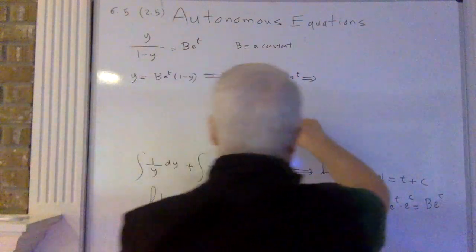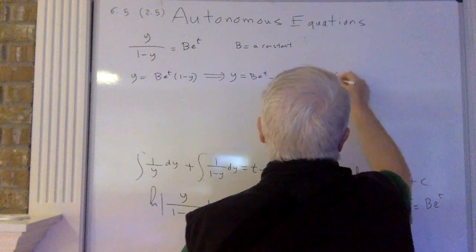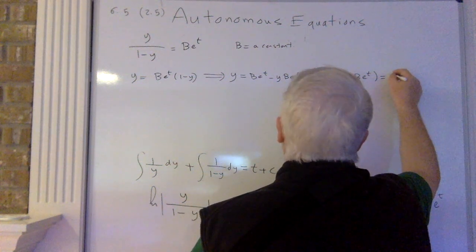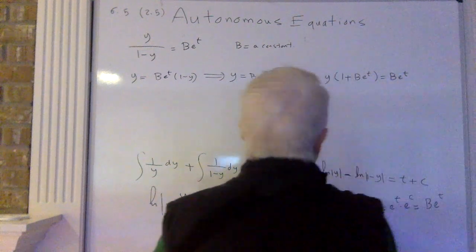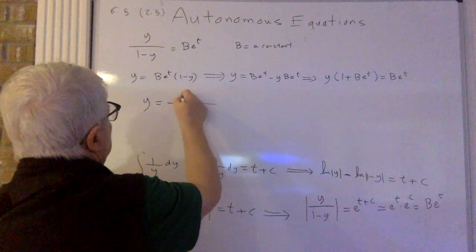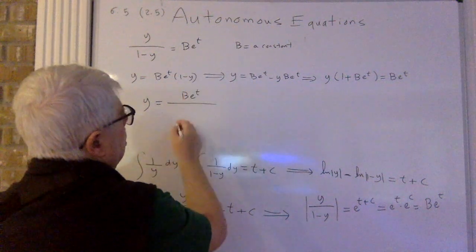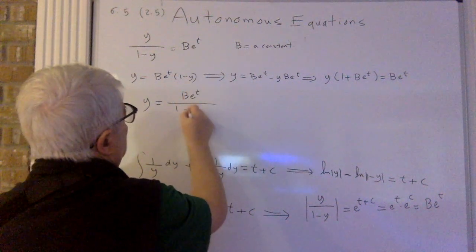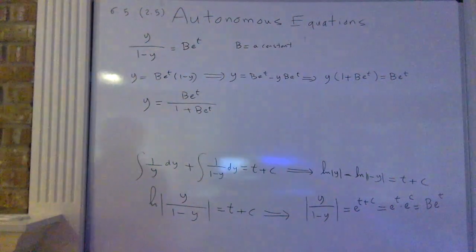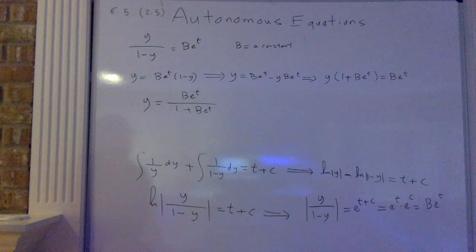So solving for y, this gives me y times 1 plus b e to the power t is b e to the power t. So y is b e to the power t over 1 plus b e to the power t. Okay?